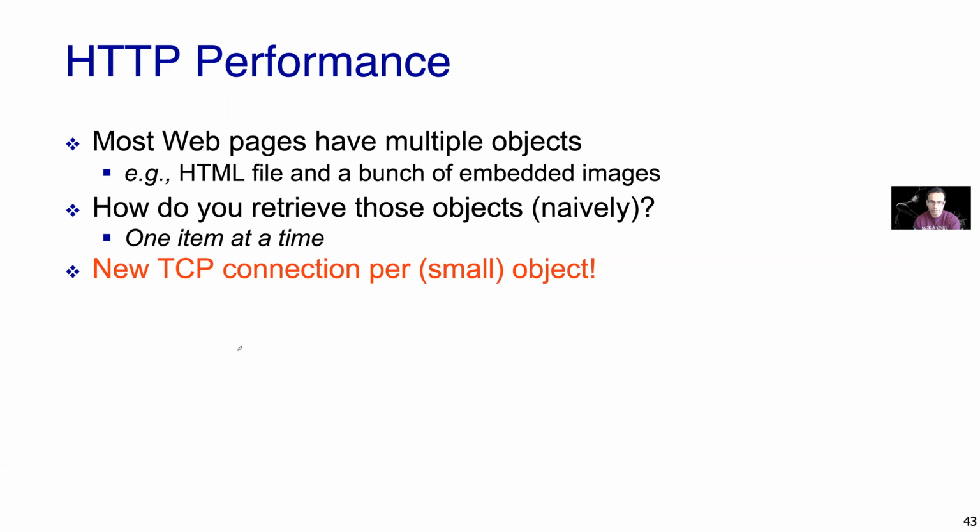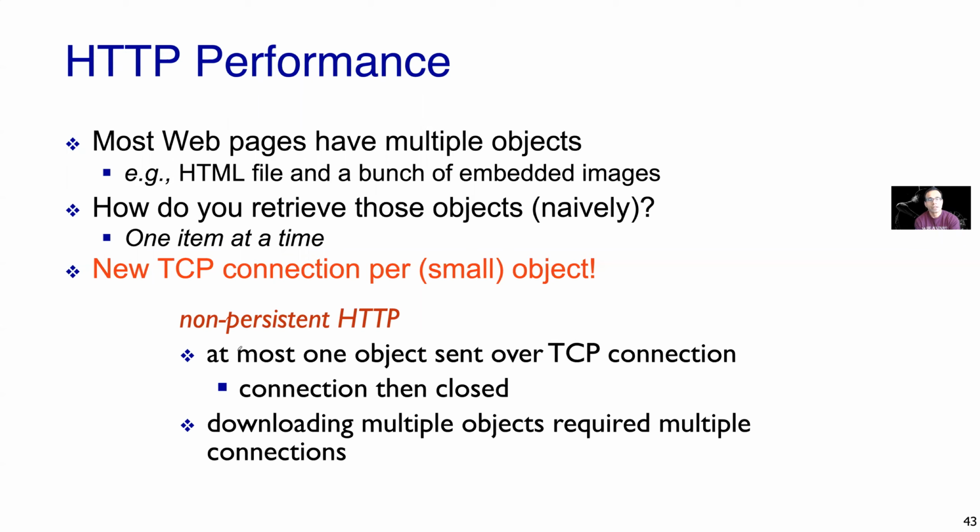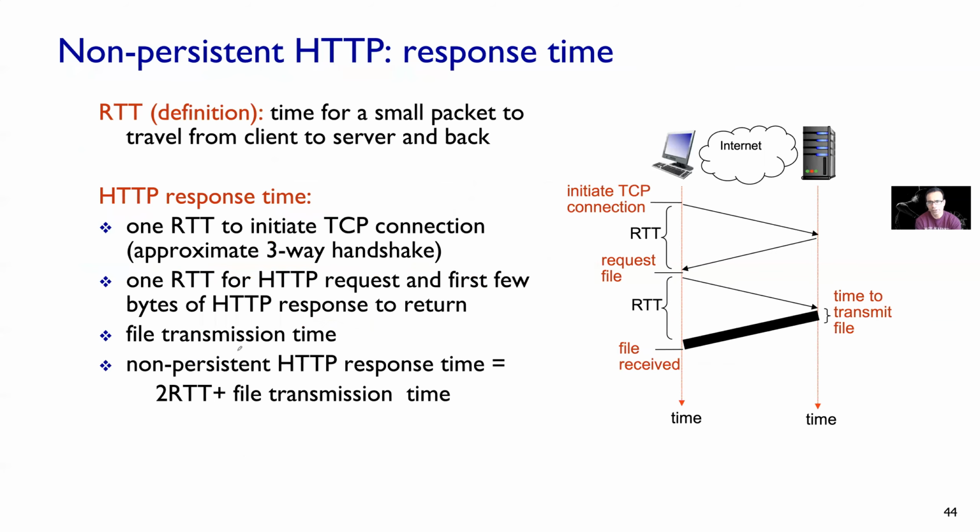And in fact, you could use a separate TCP connection for each object. So this is what's referred to as non-persistent HTTP, in that you set up a TCP connection, get one object, close the connection, and then if you have multiple objects, you keep repeating that process. And this was indeed the first version of HTTP, right? This is how the first version of HTTP worked.